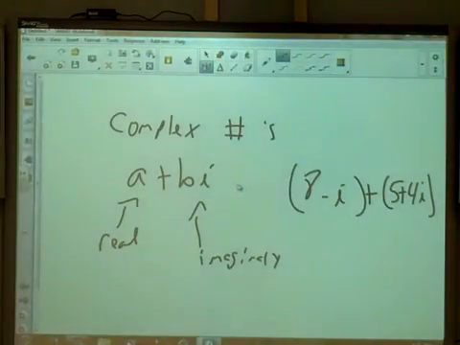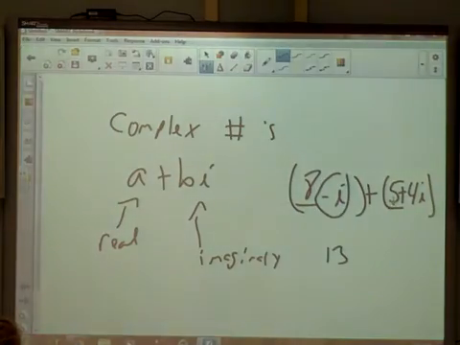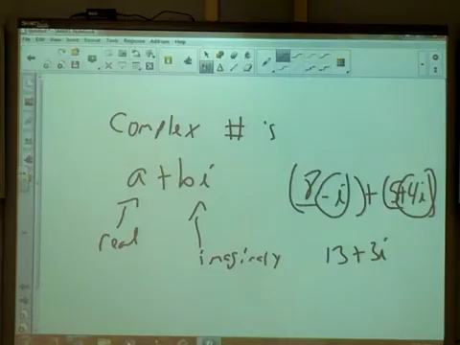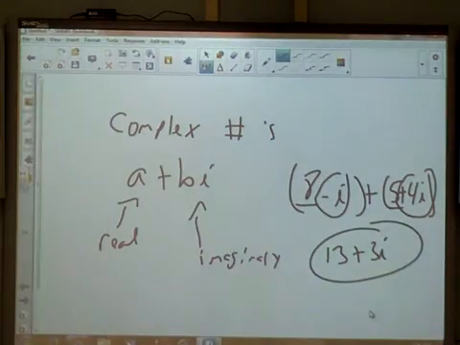Okay, so I would look at this and say 8 plus 5 is 13. Then I got negative i plus 4i. It's a positive 3i. That's your answer. Don't tell me 16i. Why not? Because the 13 doesn't have an i. You can't combine those. That's standard form, your real and your imaginary. Just combine like terms.